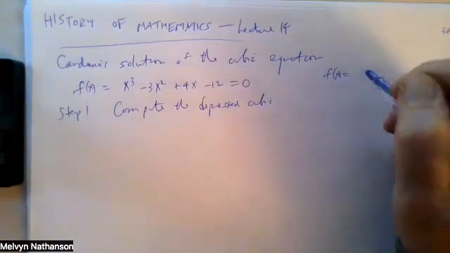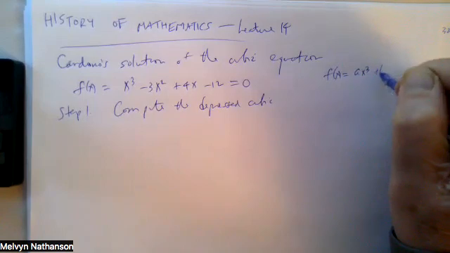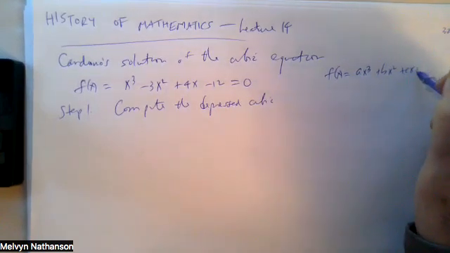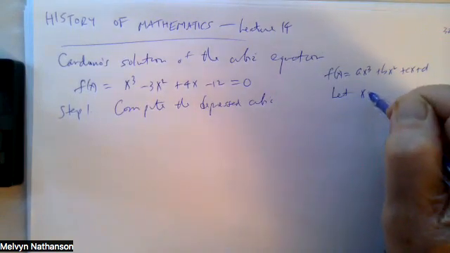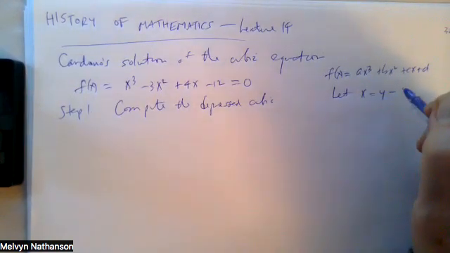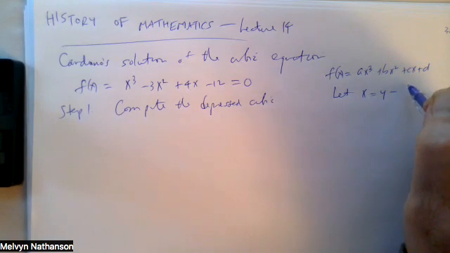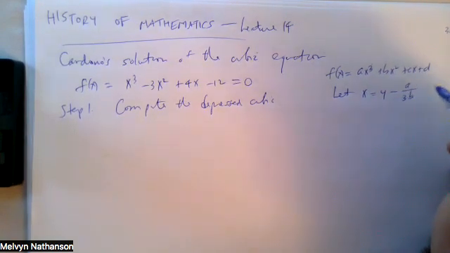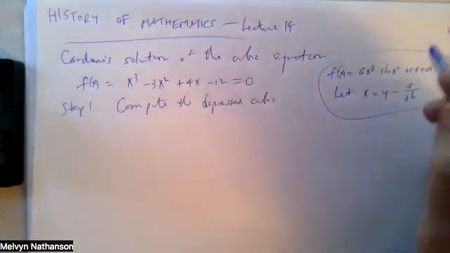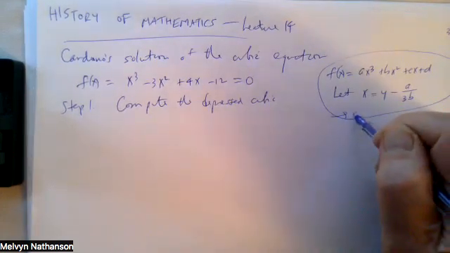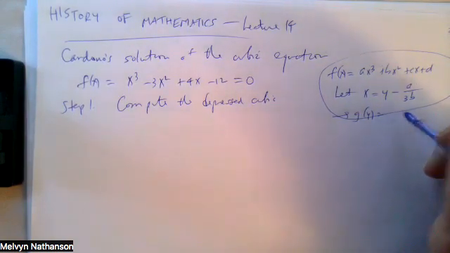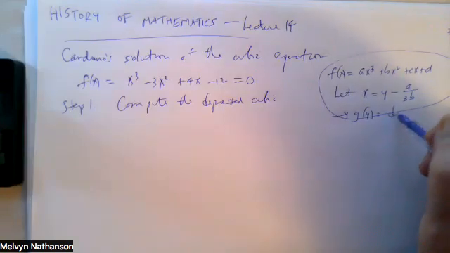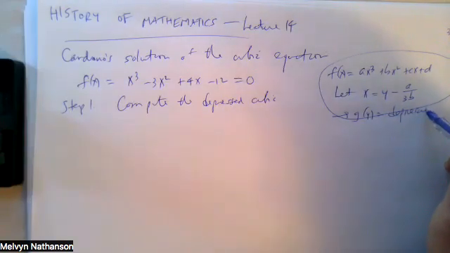If you have a general cubic, ax cubed plus bx squared plus cx plus d, you let x be y minus a over 3b. And when you make this substitution, you get a polynomial in y, which will have no square term. This will be depressed.